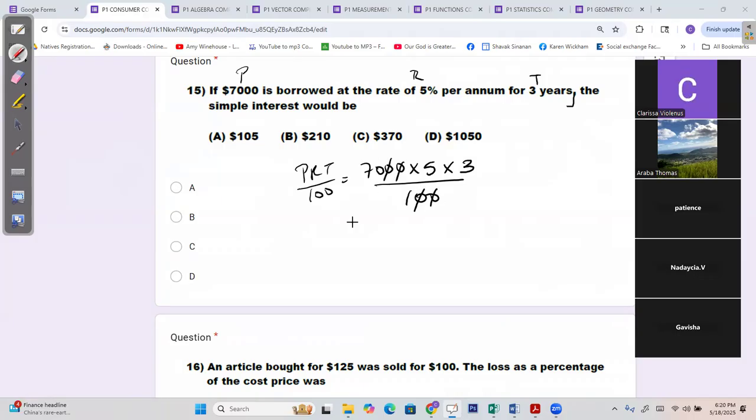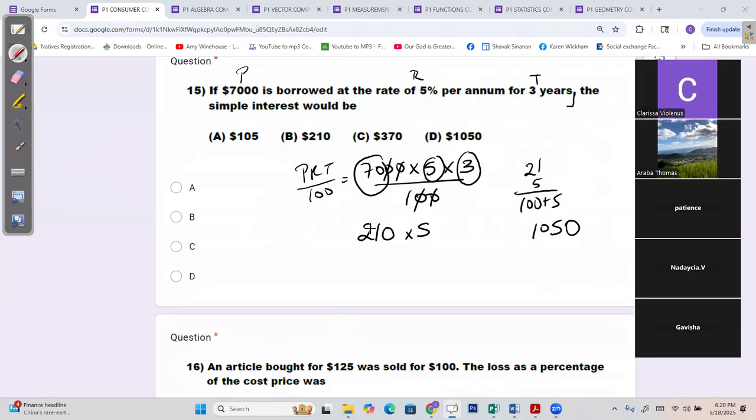So that means I have 70 times 5 times 3. So you could choose which one easier for you. I would say 3 times 7 is 21. Add a 0 from the 70 and then multiply this by 5. 21 times 5 is easy because 20 times 5 is 100, and then you add an extra 5, that's 105. And then you add a 0.